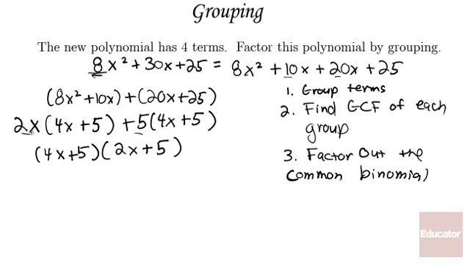Find the greatest common factor for each group. Then factor out the common binomial. So this is in factored form. And if this had been an equation, I could have gone on and then solved for x. Here I was just factoring out this expression.